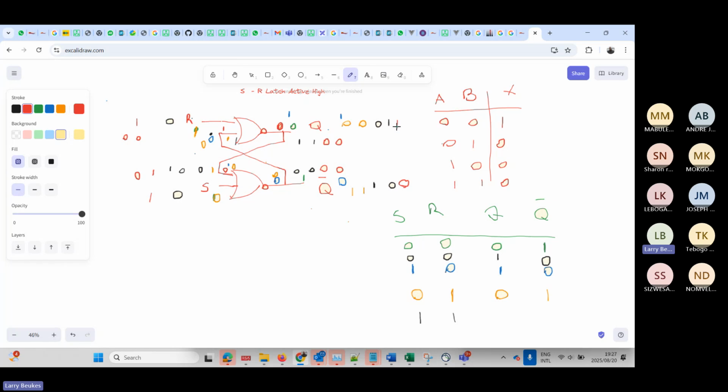So here we feed 1 and 1, which will give us a 0 here.